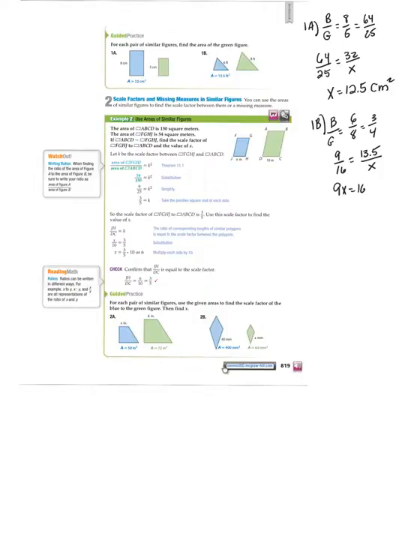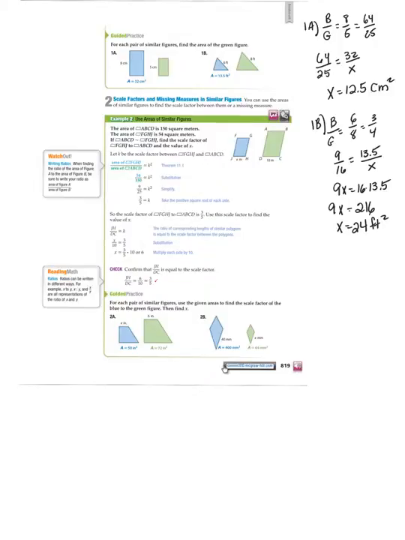So 9x equals 16 times 13.5. 16 times 13.5 is 216. So if I divide each side by 9, I'm going to get that my area of the green shape is 24, and it's in feet, so square feet.